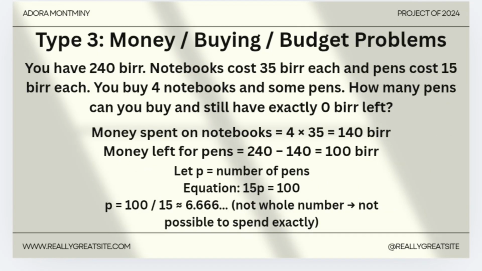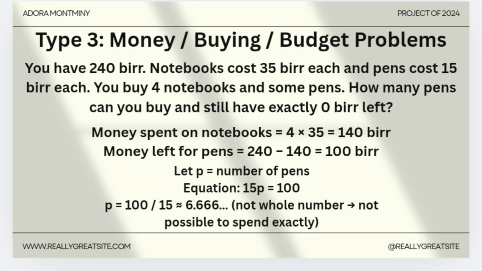Example 3. You have 240 birr. Notebooks cost 35 birr each and pens cost 15 birr each. You buy 4 notebooks and some pens. How many pens can you buy and still have exactly 0 birr left?